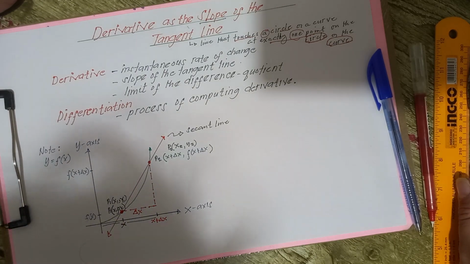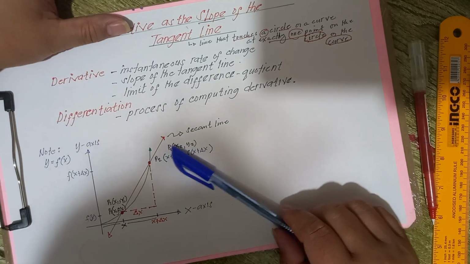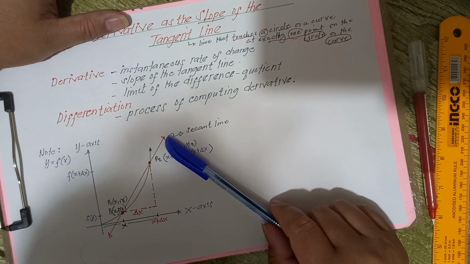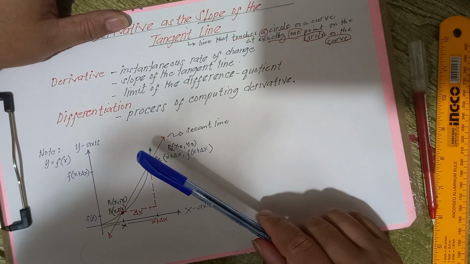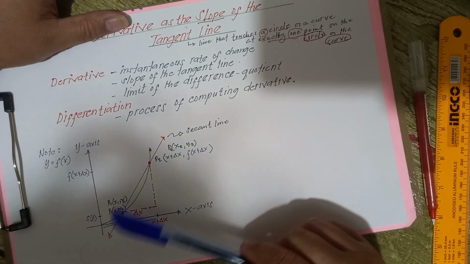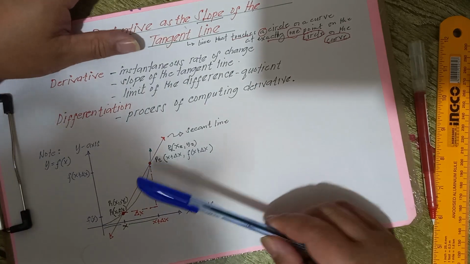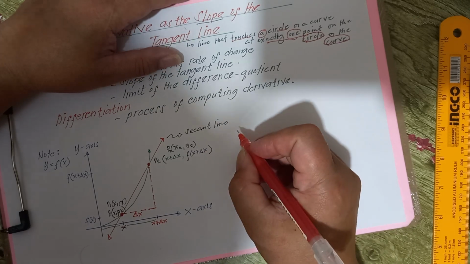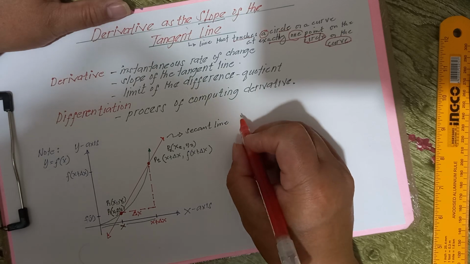Now, having said that, we can have the slope of this second line. Notice that when we get the slope of this second line, it is not the slope of the curve, but the slope of this second line. But remember, we have to go back to the meaning of the slope.